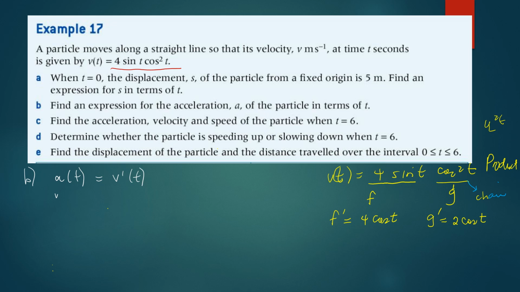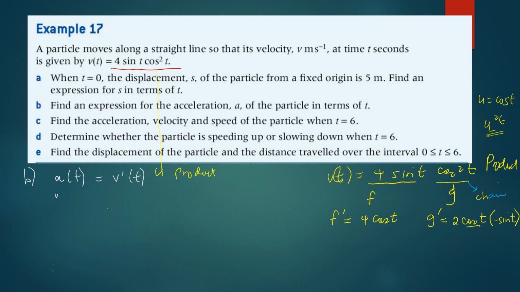So 2u times the derivative of u, where u is equal to cosine t. So the derivative of this is 2u, and u is cosine t, times the derivative of u, which is negative sine t.